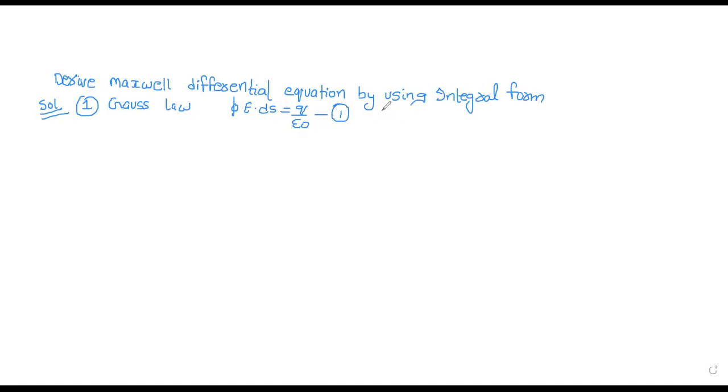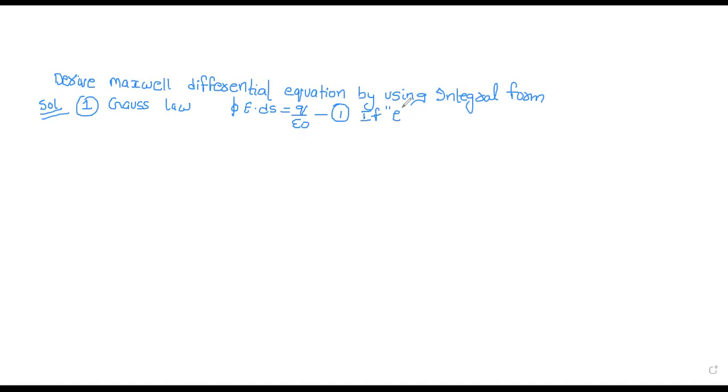Now what we are doing is that from here we want to derive the Maxwell equation in differential form, right? From the integral form of Maxwell's equation, we are deriving the differential form. So how do we derive it?